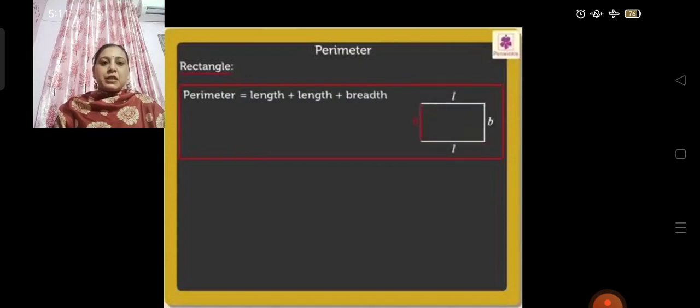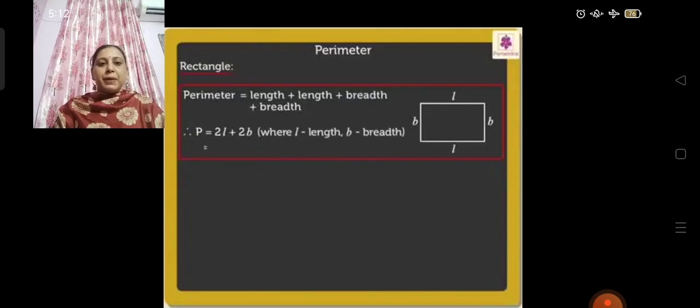So here we can say length is 2 times in my figure, width is 2 times. So I will write perimeter is equal to twice the length plus twice the width. Here L represents the length and B represents the width. So I will write it as 2 times (L plus B).